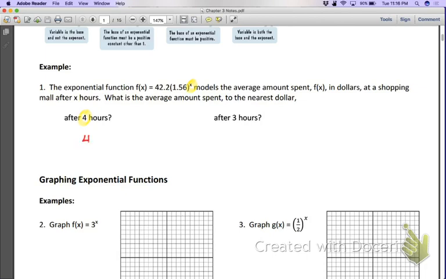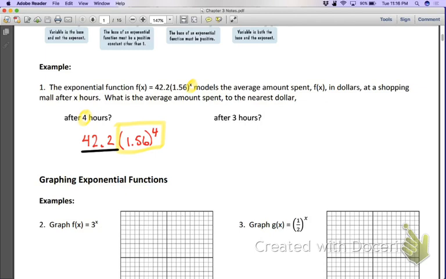So we're going to have 42.2 times 1.56 to the 4th power. What I would suggest when doing any of these is to do the exponent first. Take 1.56 to the 4th power, and then multiply it by 42.2.